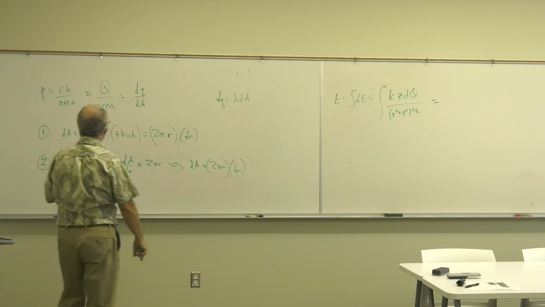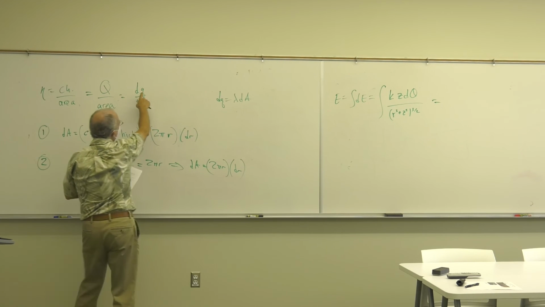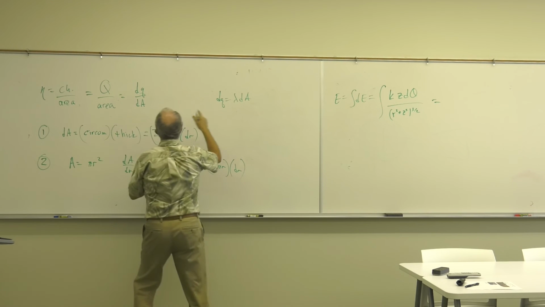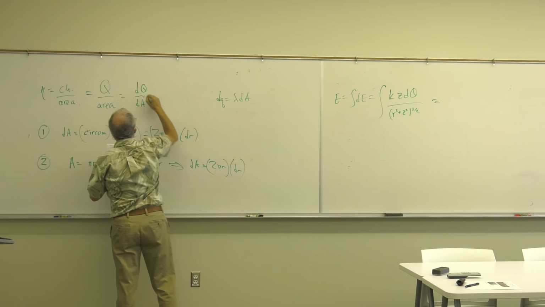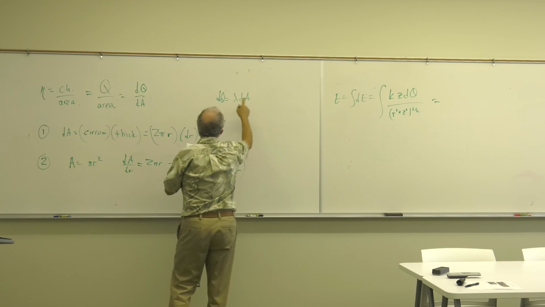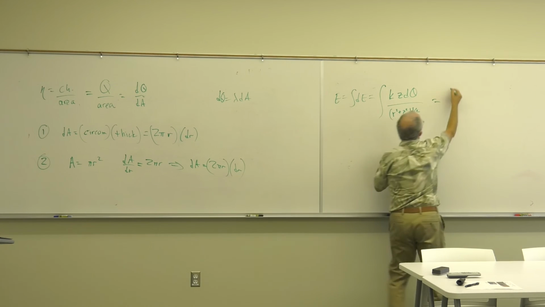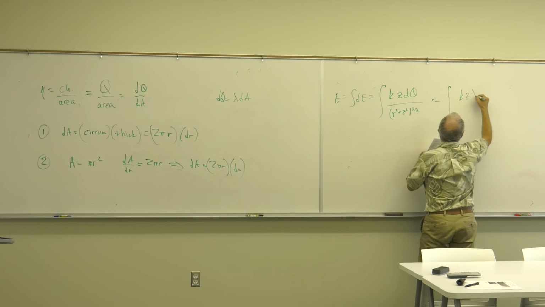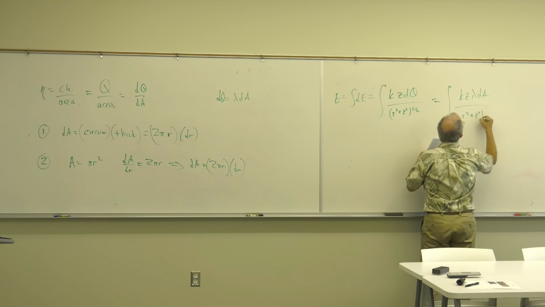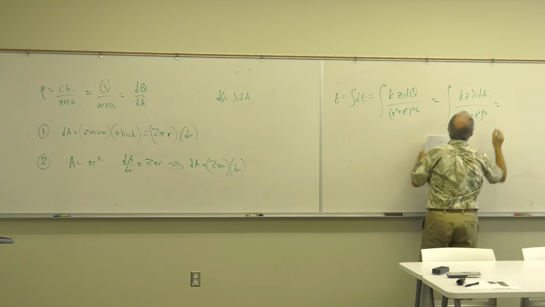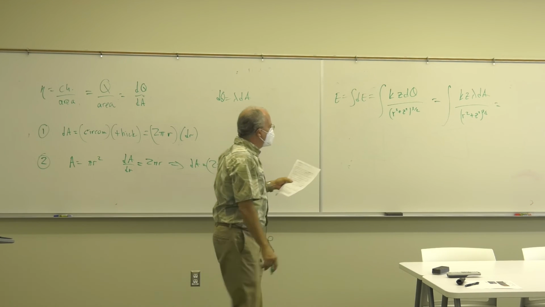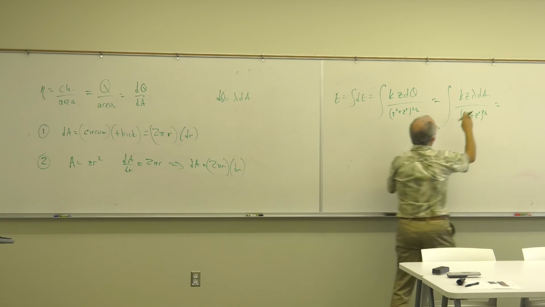I'm sorry, I wrote little q's and big Q's. Hope you don't mind. It's the same thing, right? Okay, big dQ is eta dA. So I have K z eta dA over (r squared plus z squared) to the 3/2 power. Okay, yeah? I mean eta, gosh.